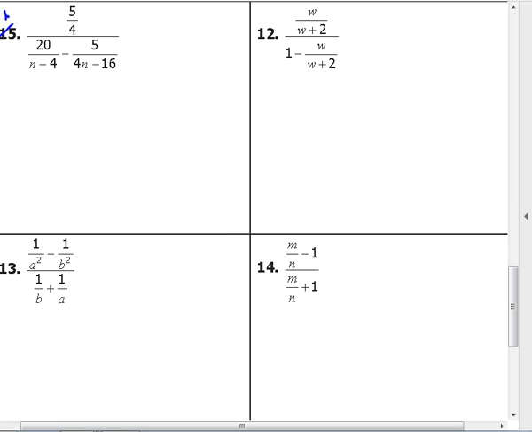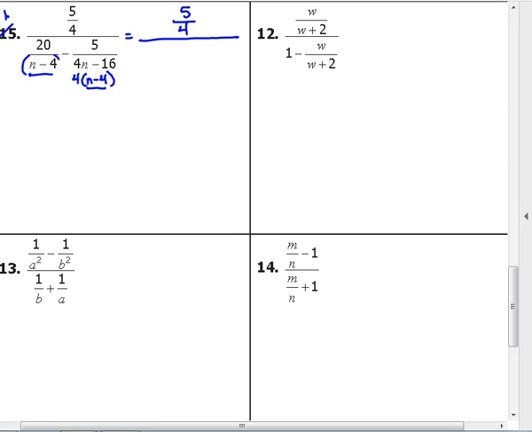Okay, so the numerator, we're good. So we leave it the way it is, 5 over 4, because it's a single fraction. Now the denominator, let's look at this one. Don't forget, it looks like those are two completely different denominators, but are they really that different? No, they're really not. If we factor out this 4 right here, they both have the n minus 4.